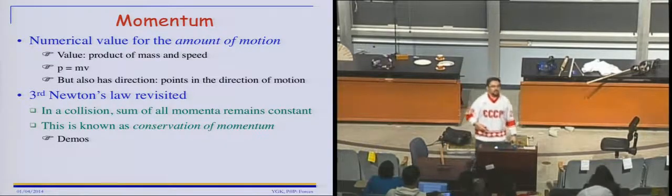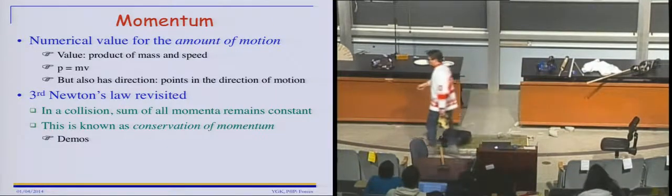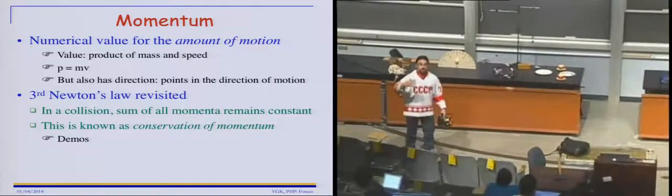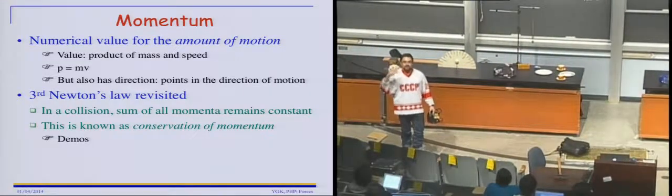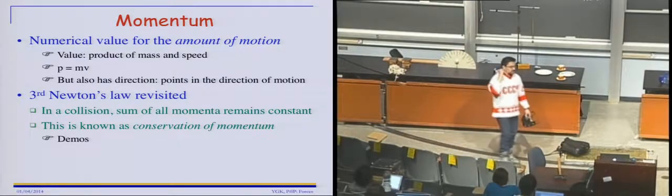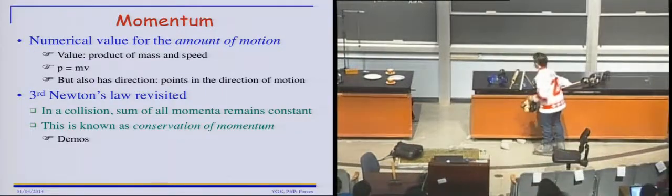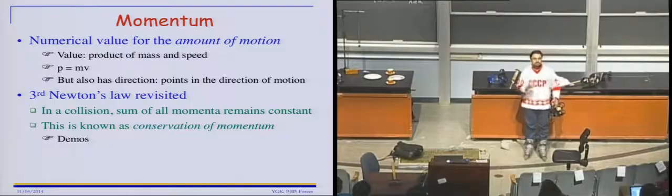Momentum is otherwise known as amount of motion. Actually, if you know German or if you know Russian, the appropriate word for momentum translates as amount of motion, which is quite an apt description. It's a quantity that has a direction. It points.